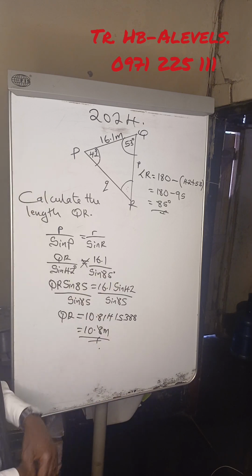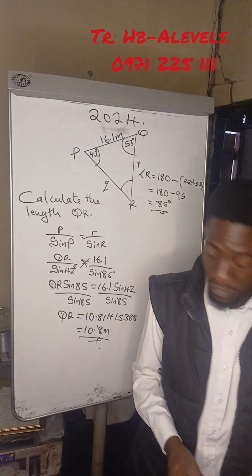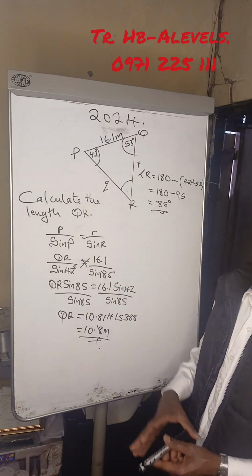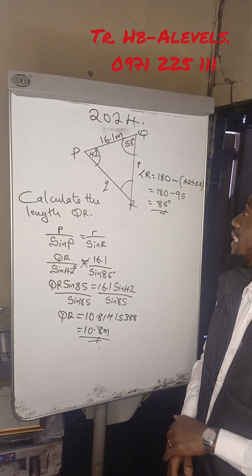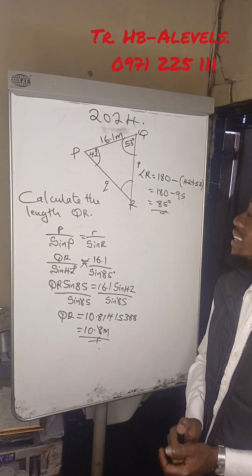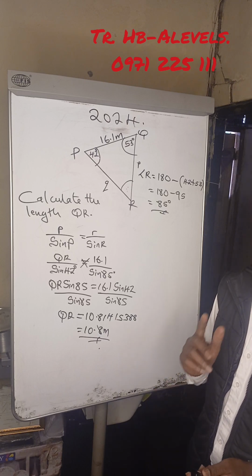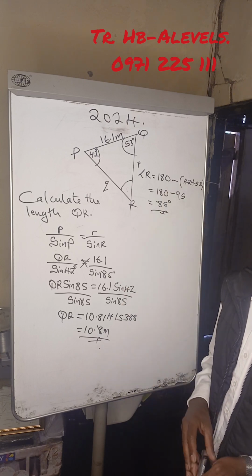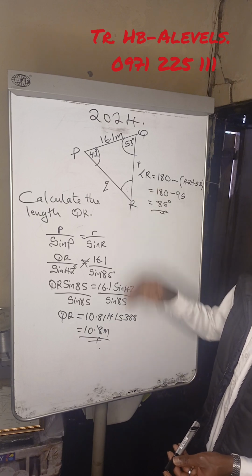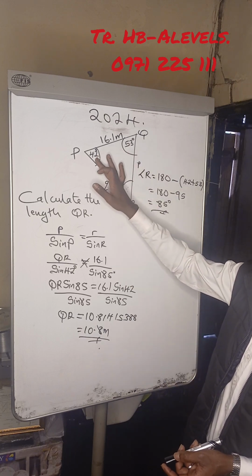So the most important concept here that the students need to take note of, when a diagram is given like this one, where two angles are given under trigonometry, you need to be sure that you are applying the sine rule here. We advise that you also find the third angle. It becomes easy once you find the third angle. So we can find the third angle by adding these two angles here.